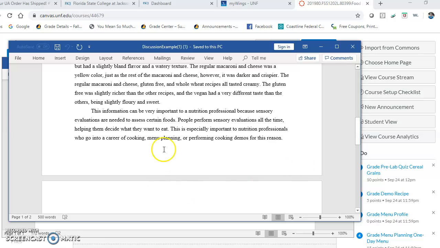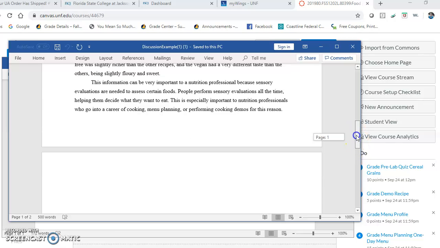And you see here at the end, they put how this information is important for a nutrition professional. So make sure that you put that in there, how this information from this lab is very important for a nutritional professional. If not, you will lose points.